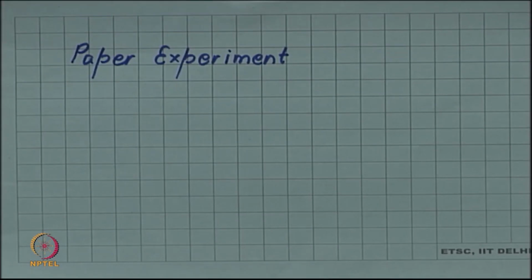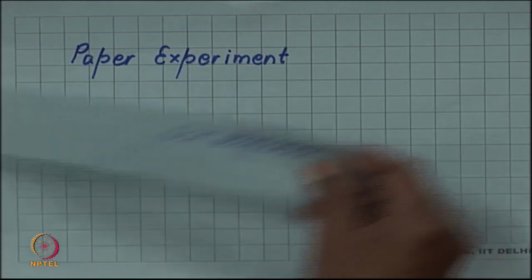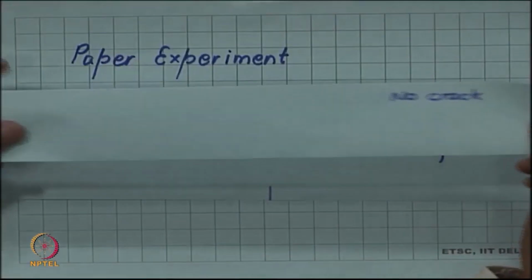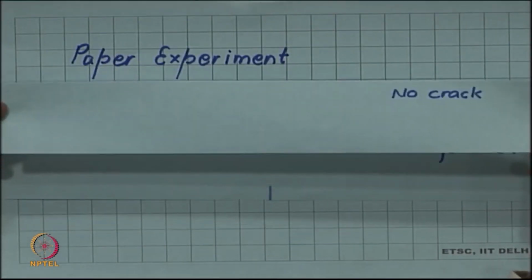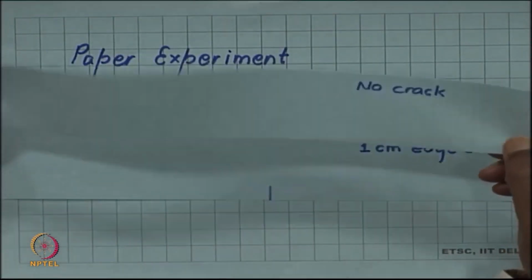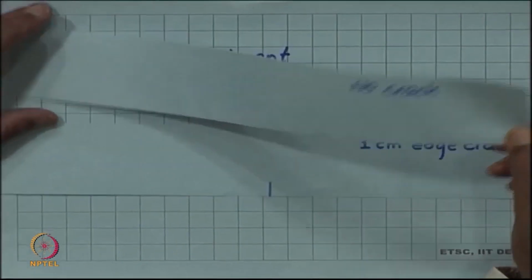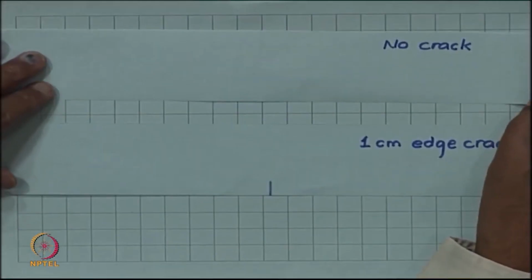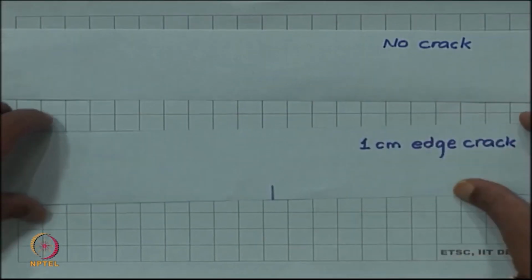I have made 3 specimens out of paper for testing. These are rectangular strips made of the same paper on which I am writing, and all of them are of the same size. In one I have introduced no crack.